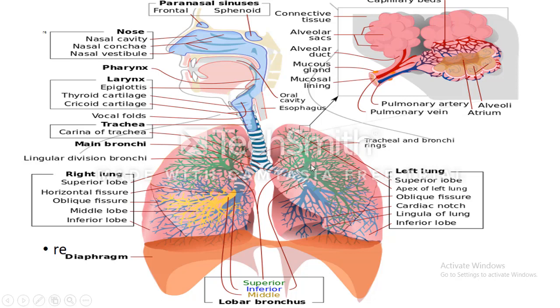A lobule consists of bronchial, terminal bronchial, respiratory bronchial, alveolar duct, alveol. Alveol consists of alveoli. All of these parts formed respiratory system.